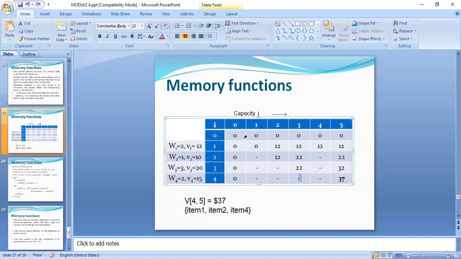The zeroth row and zeroth column are filled with zeros, but the remaining entries, from 1 comma 1 to 4 comma 5, depend on whether they are essential or not. If a value is needed, we solve it; otherwise we just ignore it.